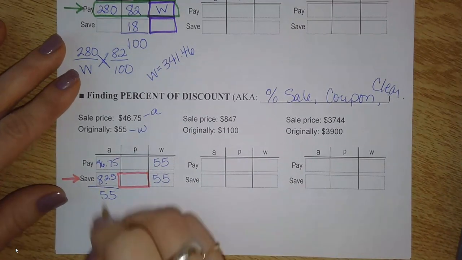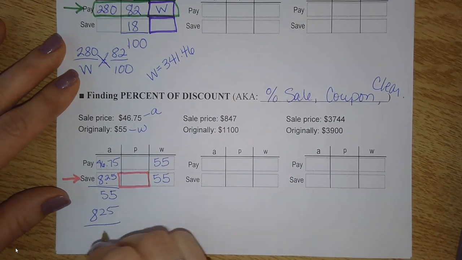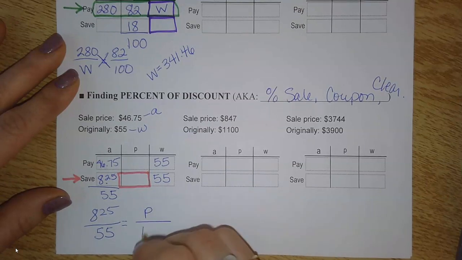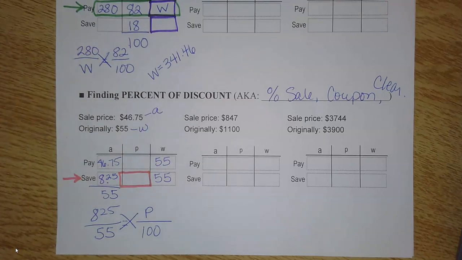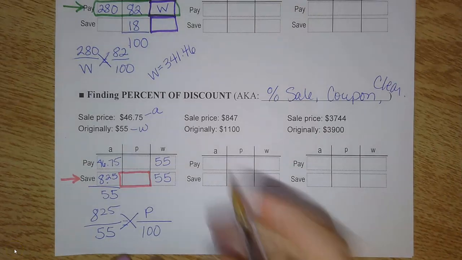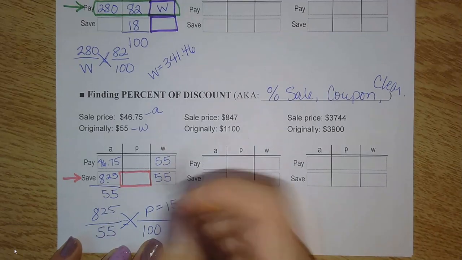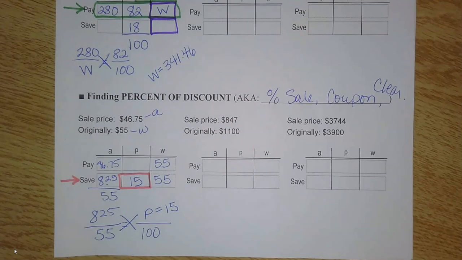Right down here, A, 8.25 is how much I saved, over W, 55, equals P over 100. Cross multiply those. So I did that. Go ahead and check me. And I got P is equal to 15. So because I set up this pink proportion, that's the percent discount, right? That's what I was looking for.